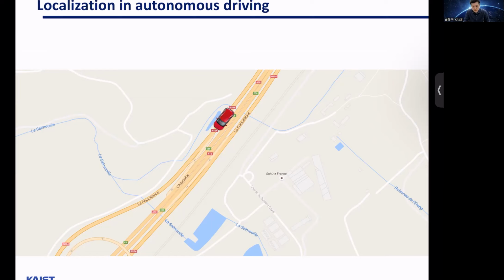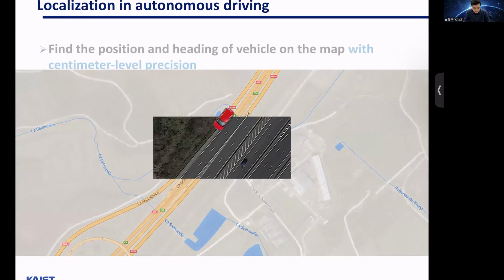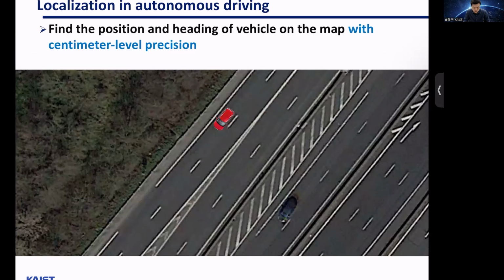But when it comes to the autonomous driving problem, this type of navigation map is usually not sufficient. It's not informative enough. Instead, we do need accurate position and heading angle with centimeter level precision.